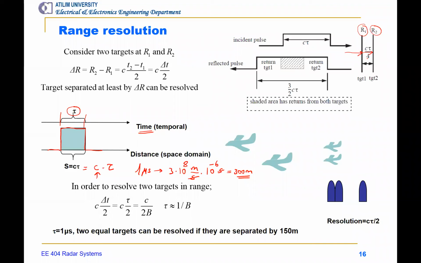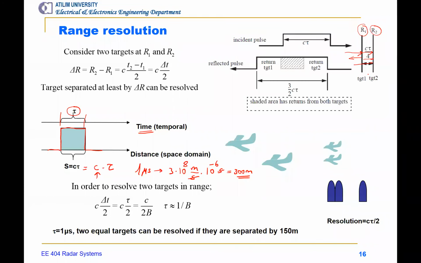While it's reflecting from the first target, some of the energy will still be traveling to the second target, and then reflect from the second target. So there is going to be overlapping of the echo signal energy. In order to separate these two targets, the distance will be half of the energy over the space, right?